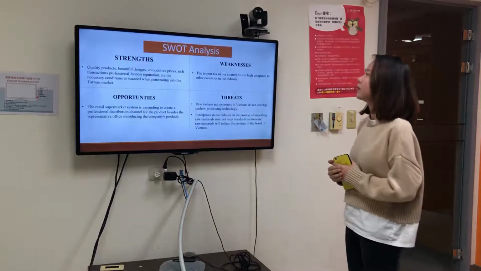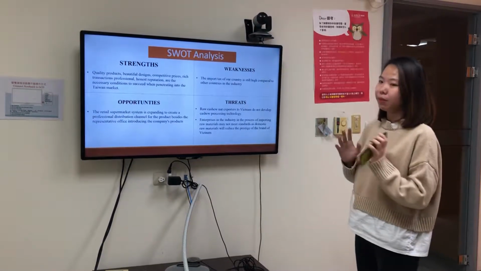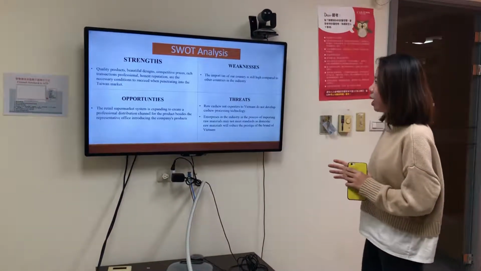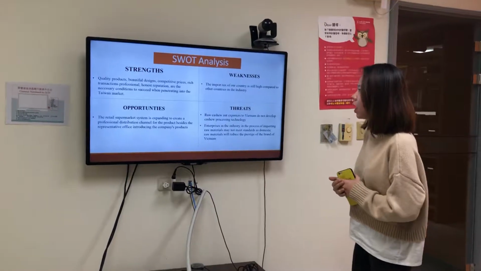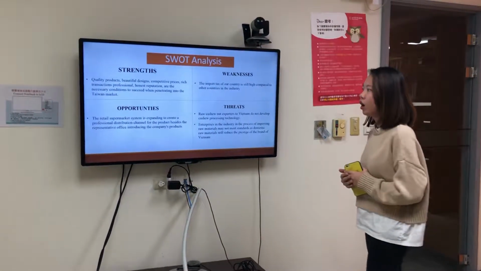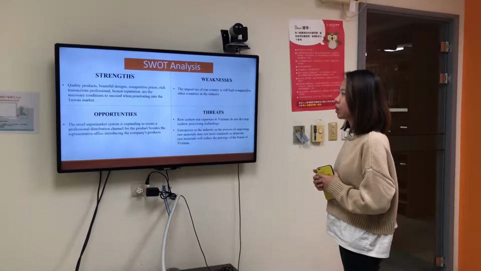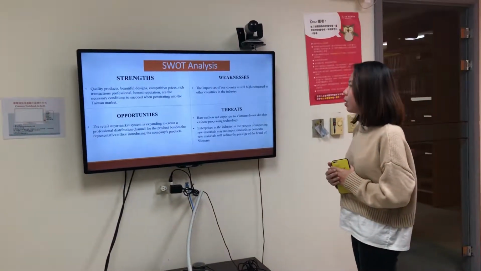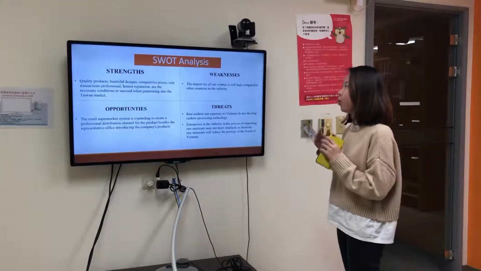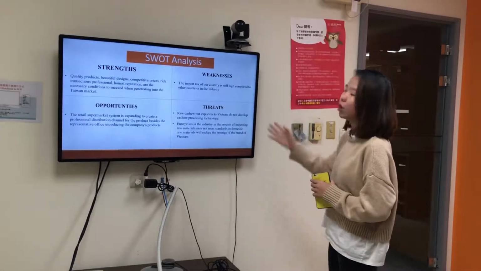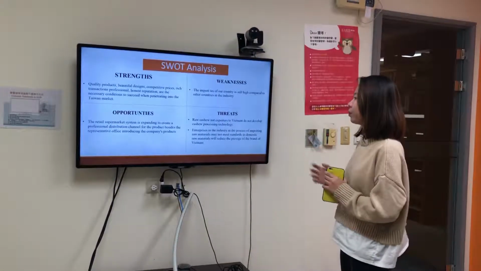And this one is the SWOT analysis from the Vietnam market to the Taiwan market. We have strengths like quality product, beautiful design, competitive prices, rich transactions, professionalism, and honest reputation, which are necessary conditions to succeed when penetrating the Taiwan market. We also have a weakness, because the import tax of our country is still high compared to other countries in the industry.